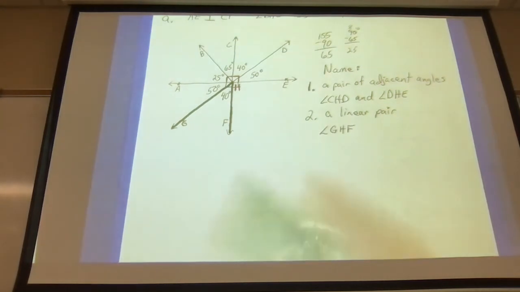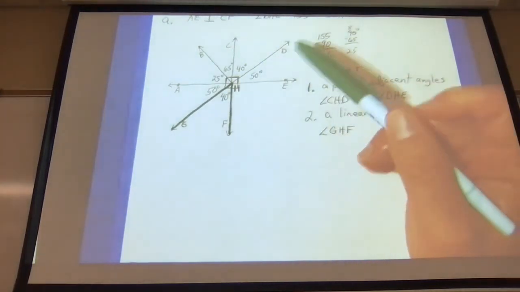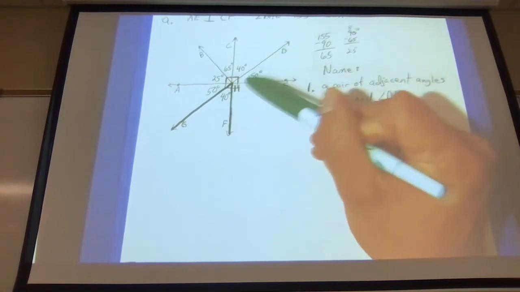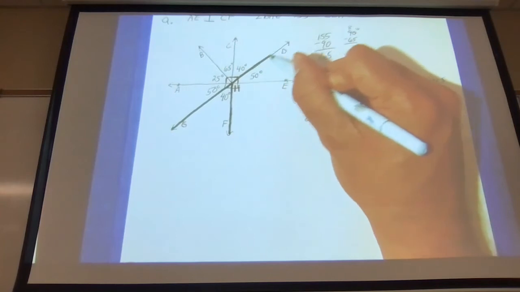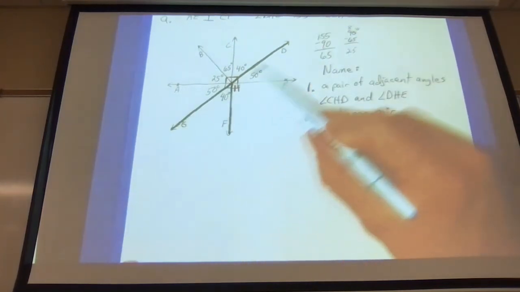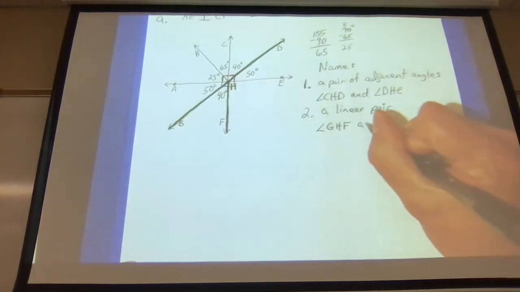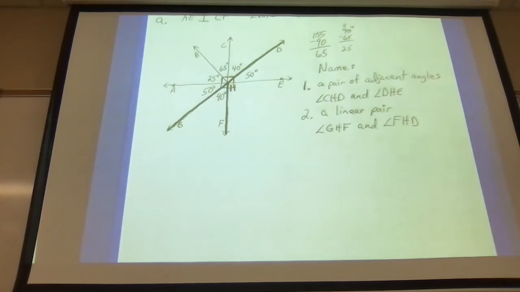We already tried that one. Those two are vertical. I'm an FH. FHD, where's that? Yep, FHD, there you go. FHD is this angle. If I color that in green, FHD comes up this way. There's my straight line. So GHF and FHD would be a linear pair.